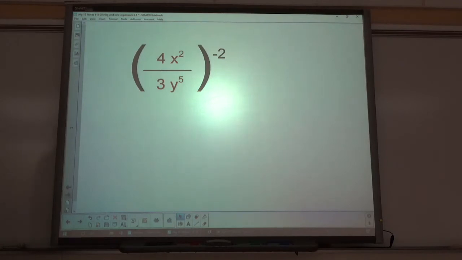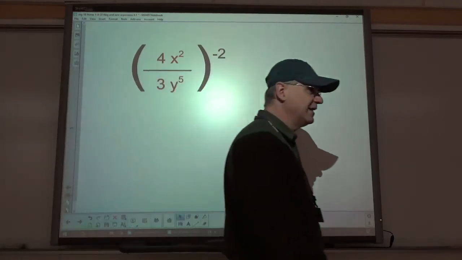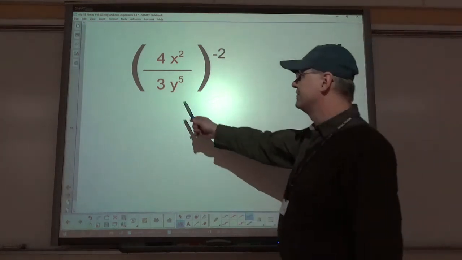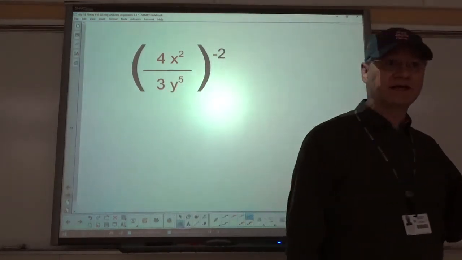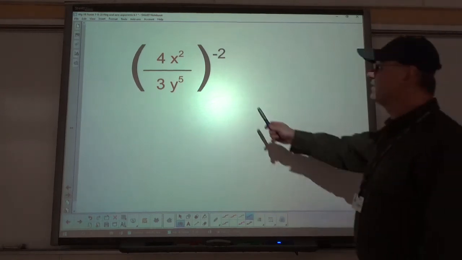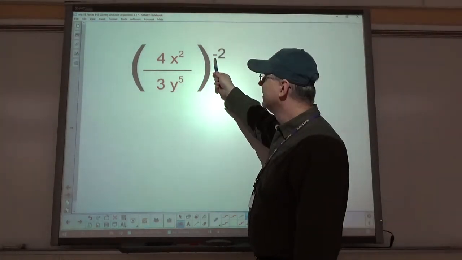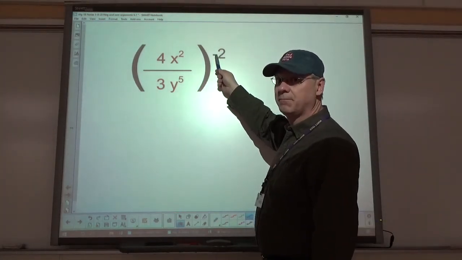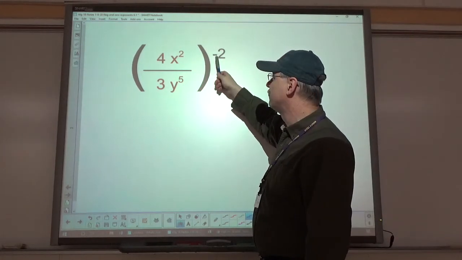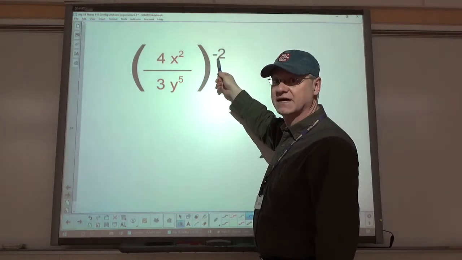Here's our next one. Now, I can apply a negative power when you're raising to a power like this, but to be honest, unless there's no coefficients, this is very tricky to do. So what I would prefer you do is, if you have a negative power outside and you want this power to become positive, just flip the fraction over and it forces this to be the opposite sign.